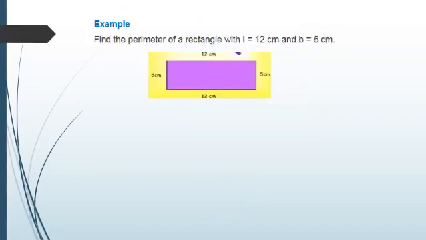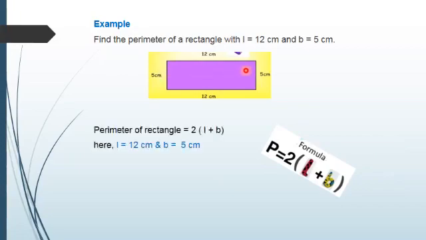Now in this example, we will find the perimeter of a rectangle with the length of 12 cm and a breadth of 5 cm. We know the formula of the perimeter is 2 times length plus breadth. So for this rectangle, we have a length 12 cm and a breadth 5 cm.